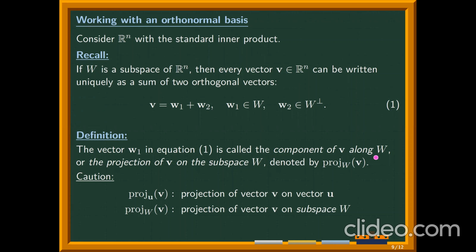So in this definition, the subscript is the subspace. Here we refer to the projection of vector v on vector u, but here we refer to the projection of vector v on a subspace, not just on a single vector.